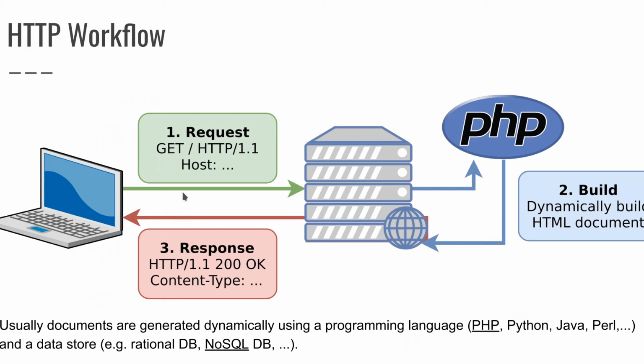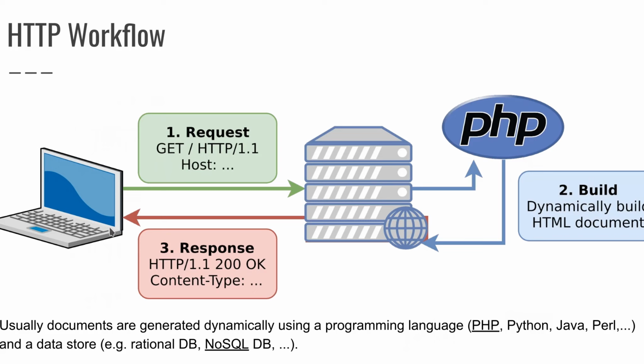The typical flow of a web application is: we have the end user that uses a browser. The browser issues a request, for example a GET request, that gets transmitted via TCP/IP to a web server. The web server has a backend that gets the request and then somehow builds an answer document dynamically based on the input and gives that dynamic document back to the web server.